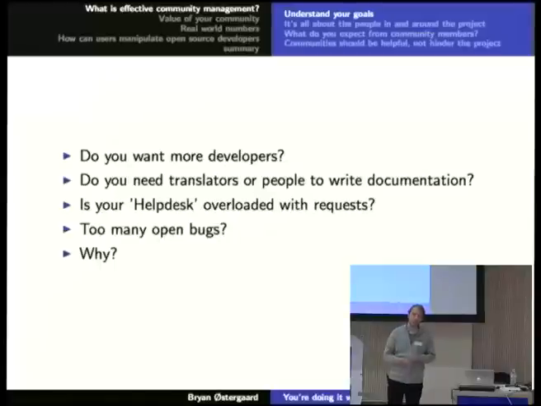You might be looking for people that can write very technical patches for your project, and so on. So you need to figure out exactly what kind of people it is that you're looking for. What do you want them to do? And also why you want them to do this. You need to make that very clear to yourself before thinking about anything else.